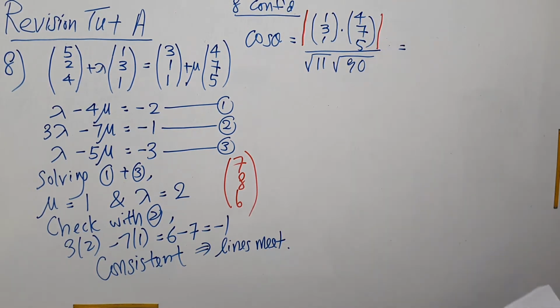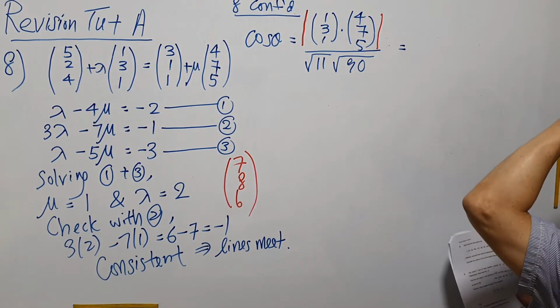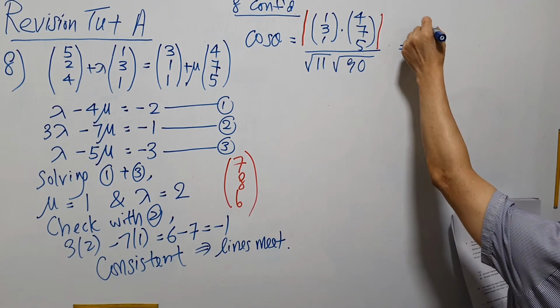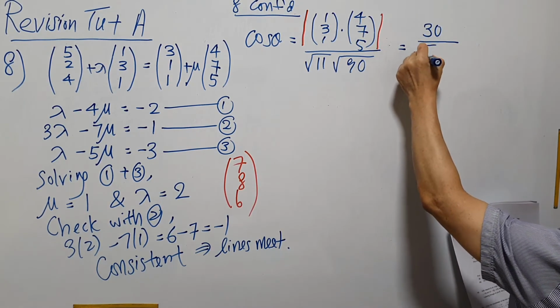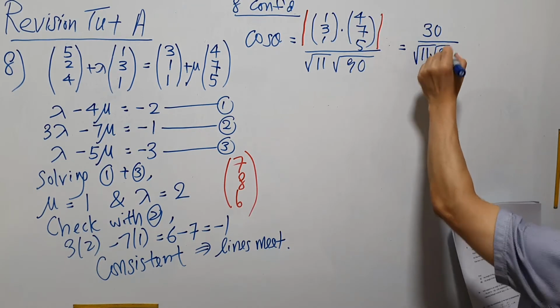So this gives me 30, I believe 30, right? 4 plus 21 plus 5 is 30. 30 divided by square root of 11, square root of 90.